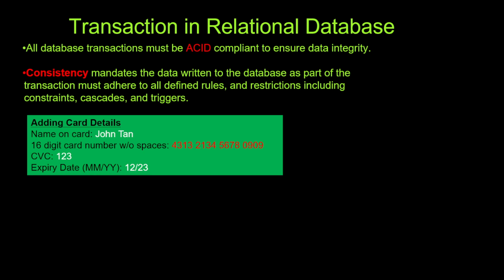Then you enter it with spaces, 4313 space 2134 space, and so on. You enter the rest of the things correctly. This will not work because you are not following the constraints of your database. So in this case your transaction will be rejected. That's consistency. Every transaction needs to be consistent. It must follow the rules of the database.